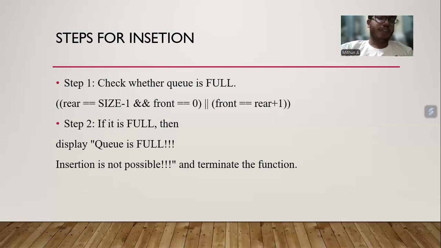To know whether the queue is full, we use a double ampersand, and after that we check front equal to 0, or front equal to rear plus 1.